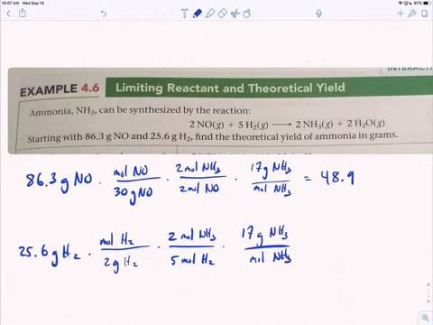Oh, geez. I screwed something up. 25.6 divided by 2 times 5. Okay, that's a little better.